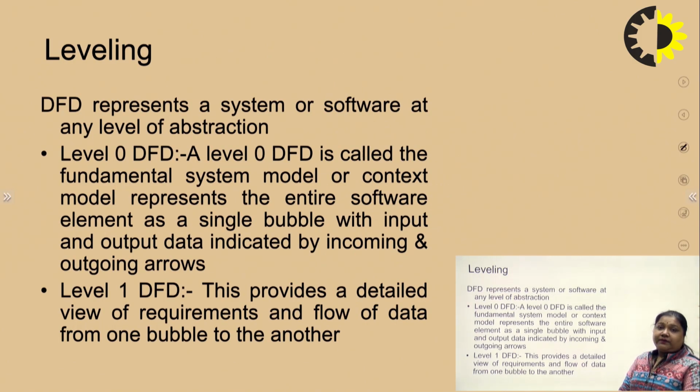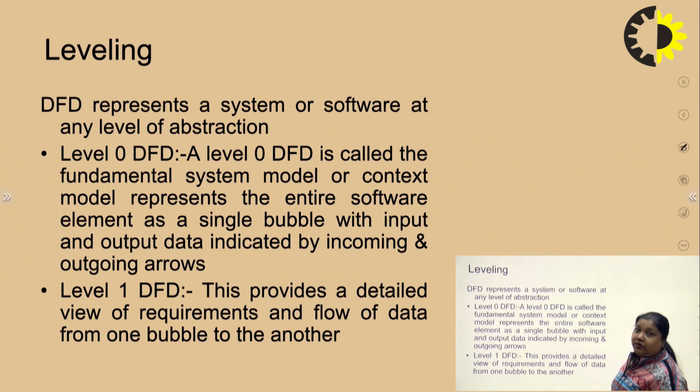So we have certain levels of this. If we talk about the DFD, the data flow diagram, we have level 0, level 1, level 2. These represent what level of abstraction has been done in that type of DFD.